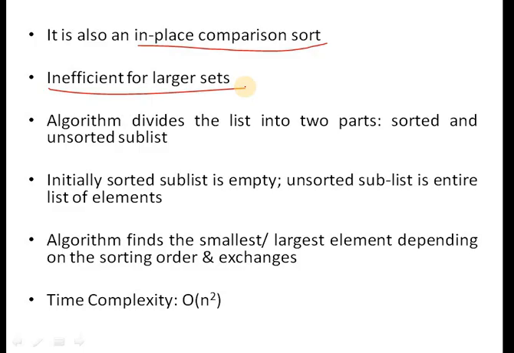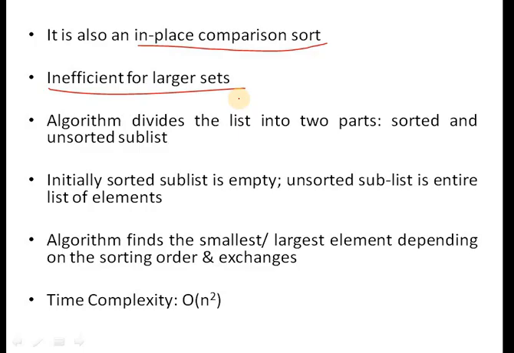Initially the sorted sublist is empty, with no element, but in insertion sort there is one element in the sorted sublist. You have to compare these two algorithms. And the unsorted sublist is the entire list of items.